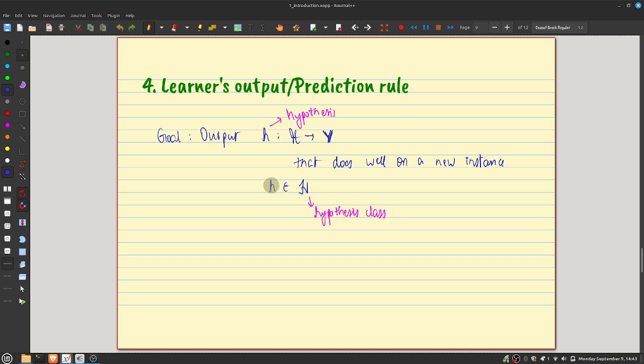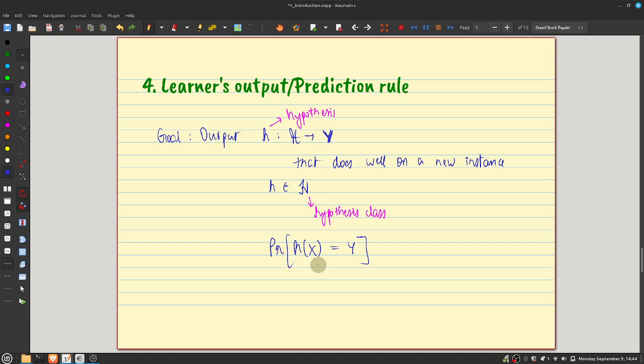So one way of characterizing the performance of a particular hypothesis is to say, suppose I give you a random instance X drawn according to the ground truth distribution, then how well does it perform? In the case of classification, there's a natural way of determining this. What is the probability that the hypothesis is equal to the actual label?